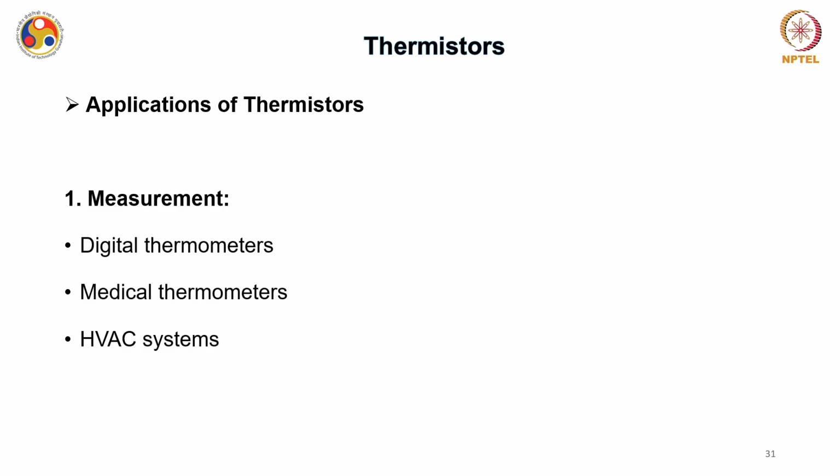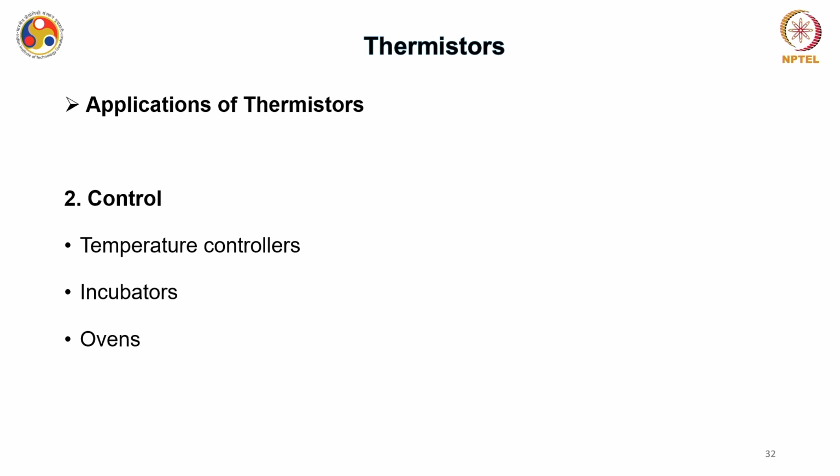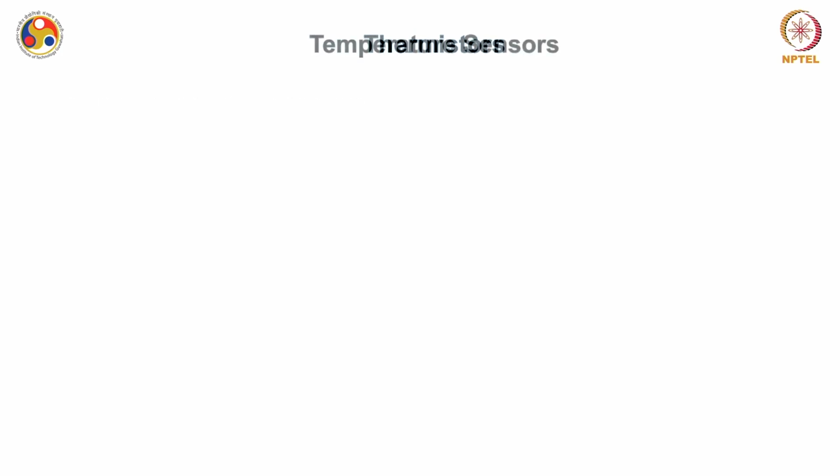Okay. They are used for measurement in digital thermometers, medical thermometers, then the HVAC systems in houses or in industry. Okay. For control applications, they are used in temperature controllers, incubators, ovens. Okay. For protection, PTCs, as I have mentioned, are very popular because of their sharp increase in resistance beyond the Curie temperature. Therefore, they are also used in inrush current limiting and for battery protection.